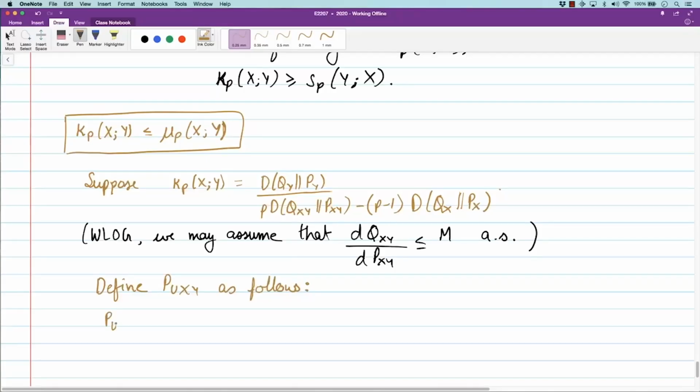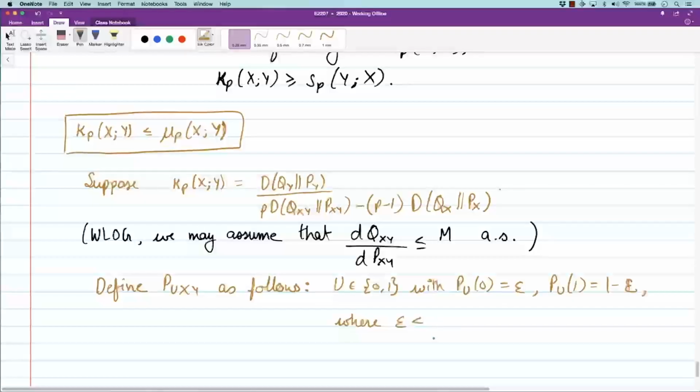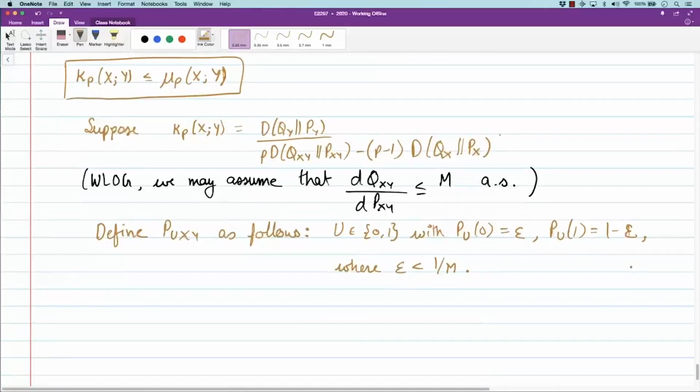So u takes the values 0 and 1, with pu of 0 equal to epsilon and pu of 1 equal to 1 minus epsilon, where this epsilon is less than 1 by m. So this is the first part of the definition.